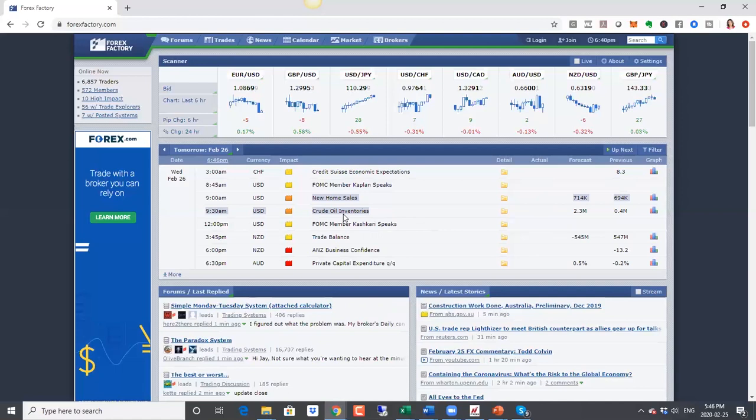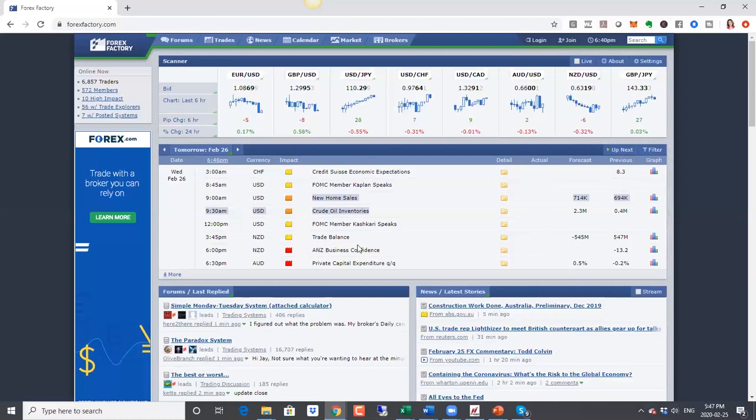If we see inventories build up, that would be bad for oil as well. So overall, keep an eye on oil. If oil goes down, then it will negatively impact the Canadian dollar as well.